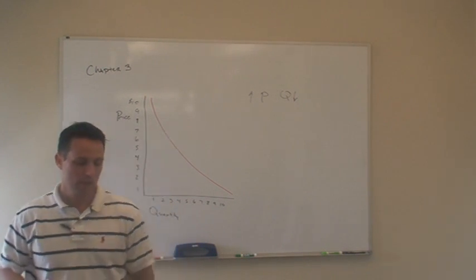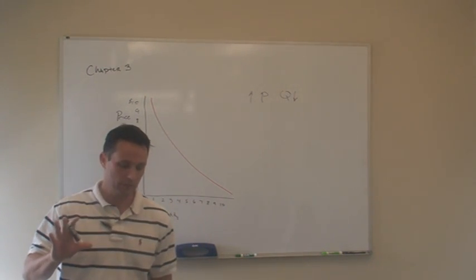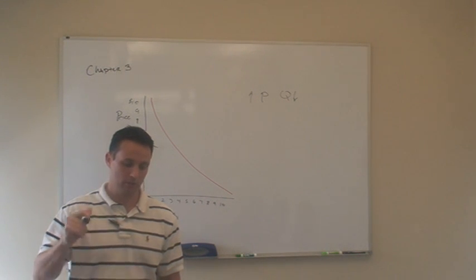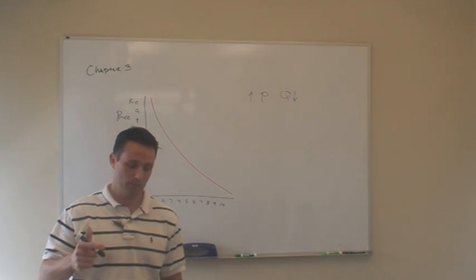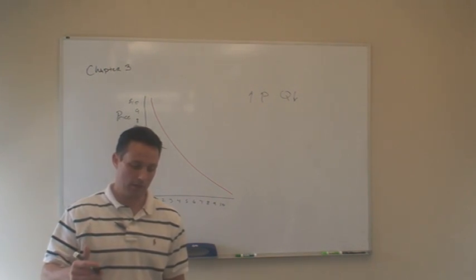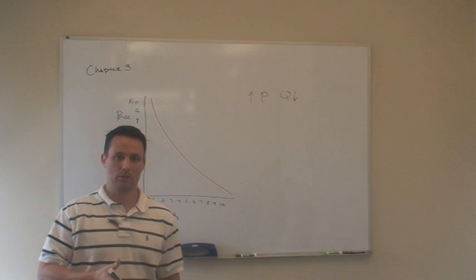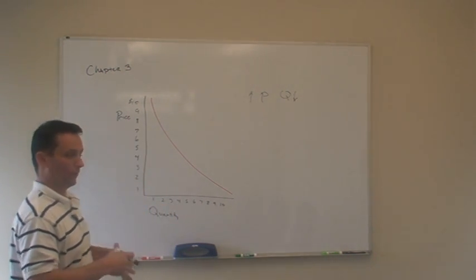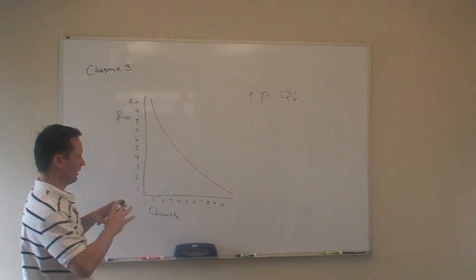But if you turn the page to page 60, you have 5 things that are called determinants of market demand. They include tastes, income, other goods, expectations, and number of buyers. Notice that price is not one of them, because that's a ceteris paribus. We're holding that constant.